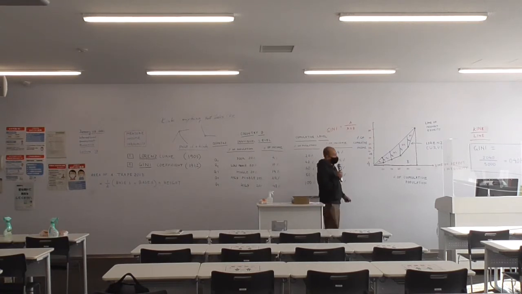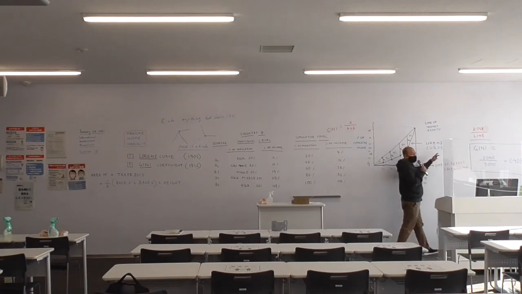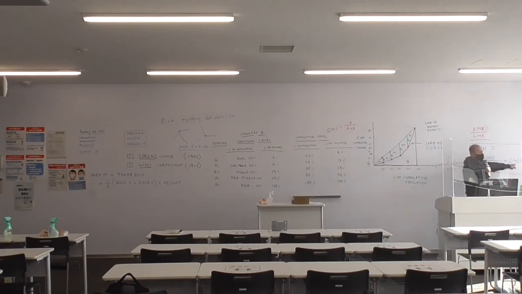So after you calculate the whole thing, the Gini coefficient for this country will be 0.408, right?